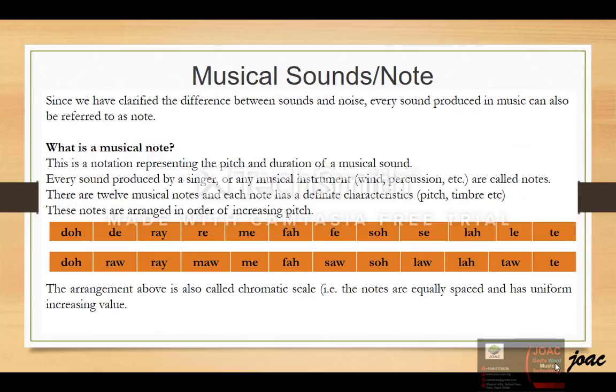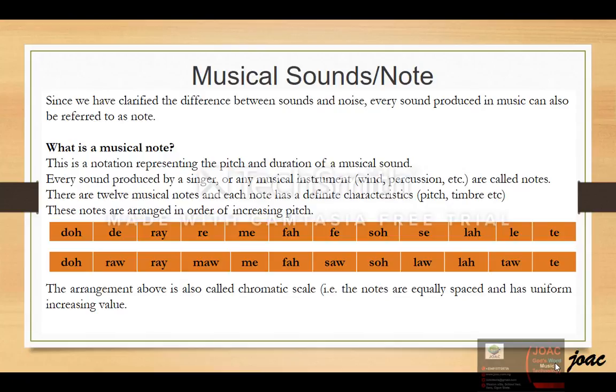Now, majorly we have different sounds, and there is a notation which we call musical notes, which we use to represent musical pitch. Please don't get it confused. A musical note is a notation that represents a particular pitch and duration of a musical sound.